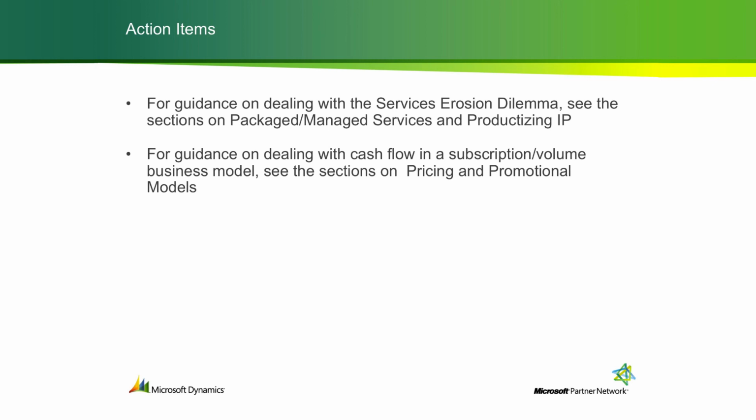Now, for more guidance on how you deal with the cash flow implications in transforming yourself into a volume-oriented business, I recommend that you look at the sections on pricing and promotional models.